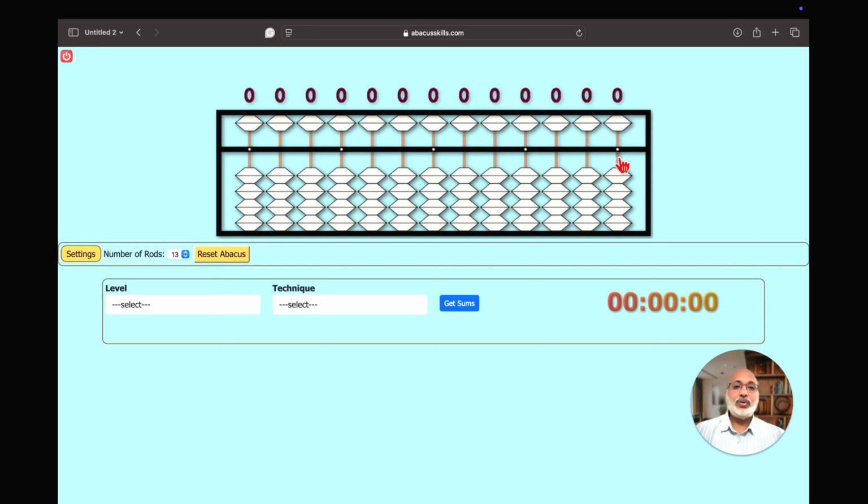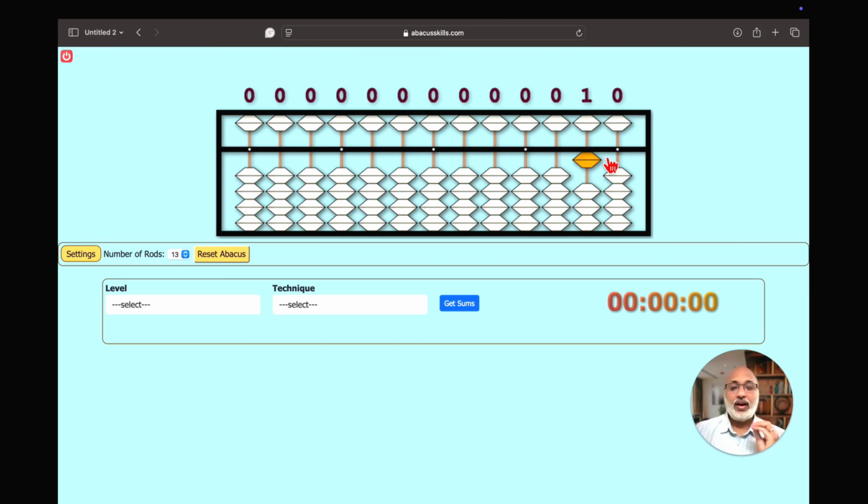Now, as we consider this place as the units place, what will become this place? 10. 1, 0, 10. Okay. Actually, the value of the earth bead is 1. But it is in which place? It is in the tens place.